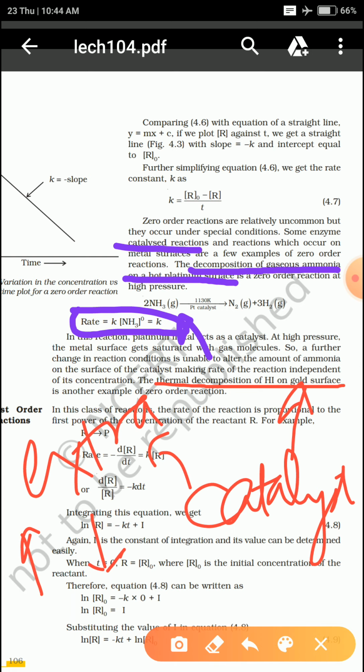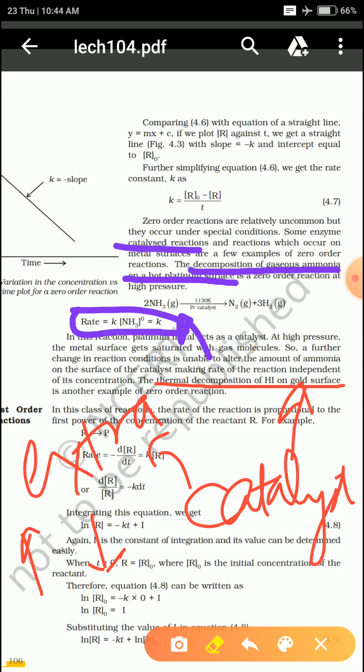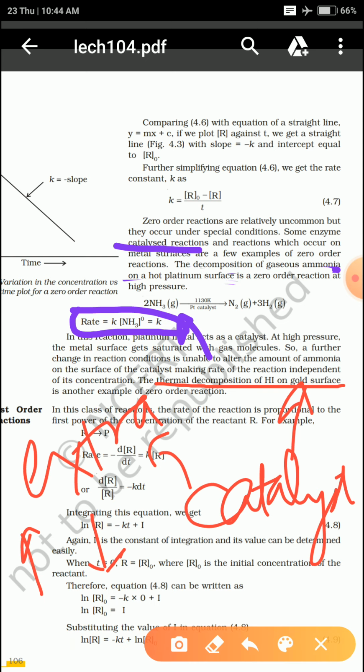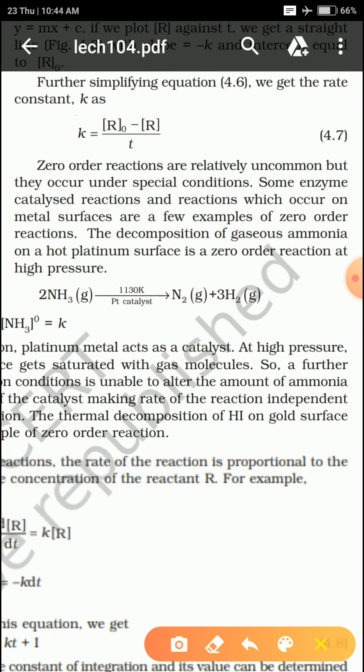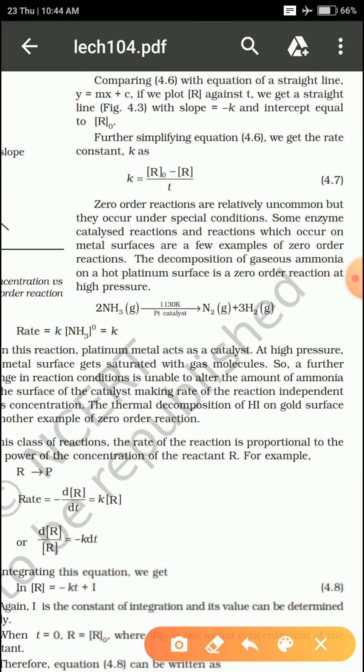What this platinum surface or platinum catalyst does is quite different. It tries to maintain a particular condition, where if you are using high pressure, the platinum metal surface gets saturated.